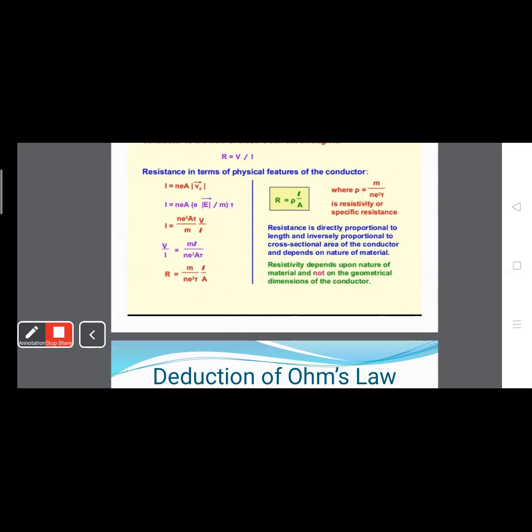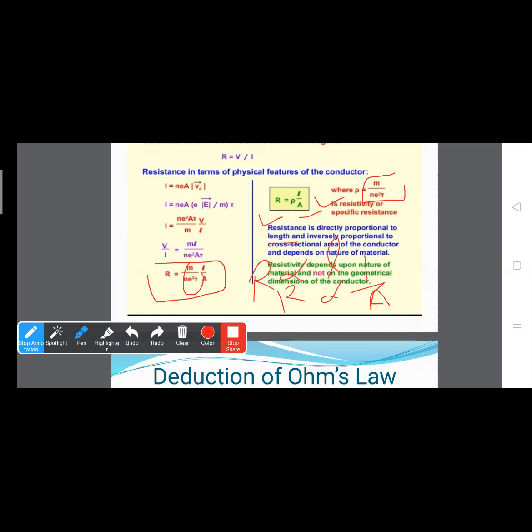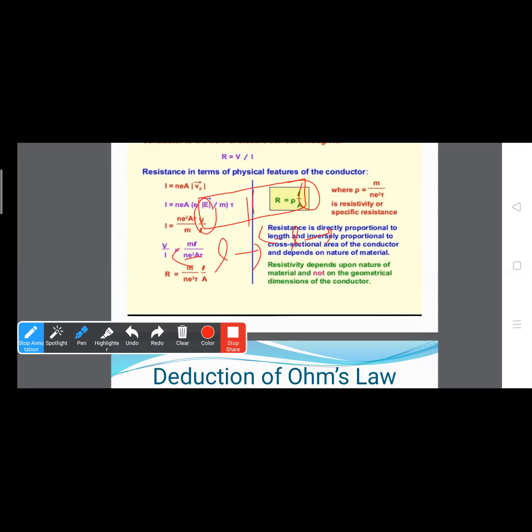Resistance is directly proportional to length and inversely proportional to area. Okay. Now consider two conductors in the form of slabs, conductor 1 and conductor 2, each of length L and each with area of cross section A. V is the potential difference applied across either slab and I is the current through it.